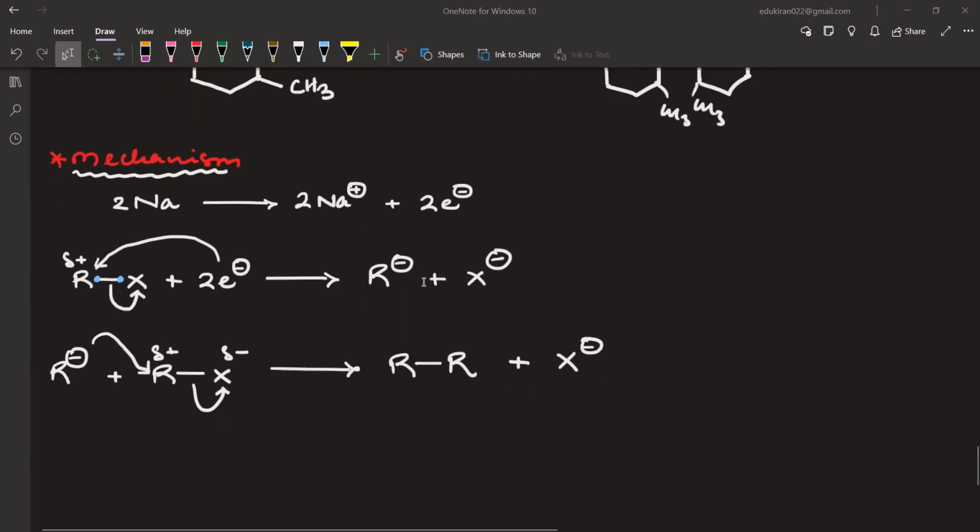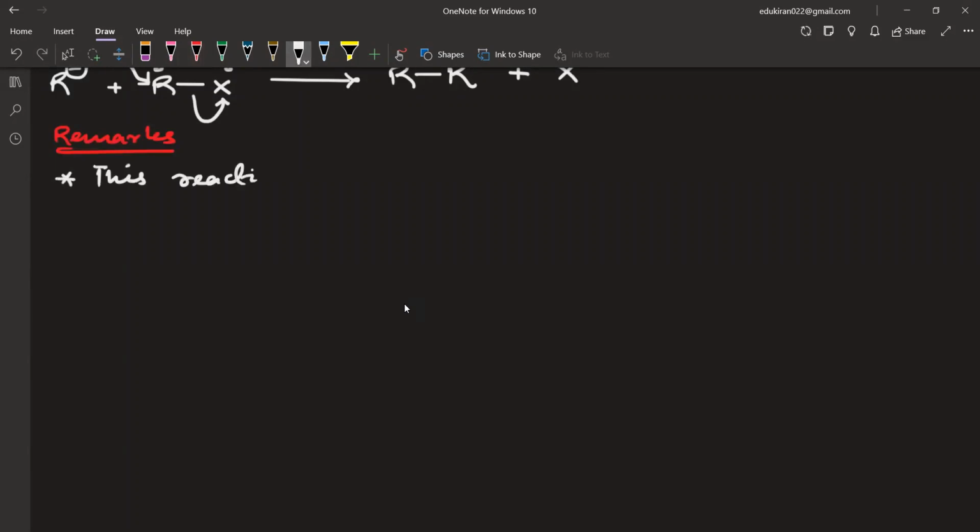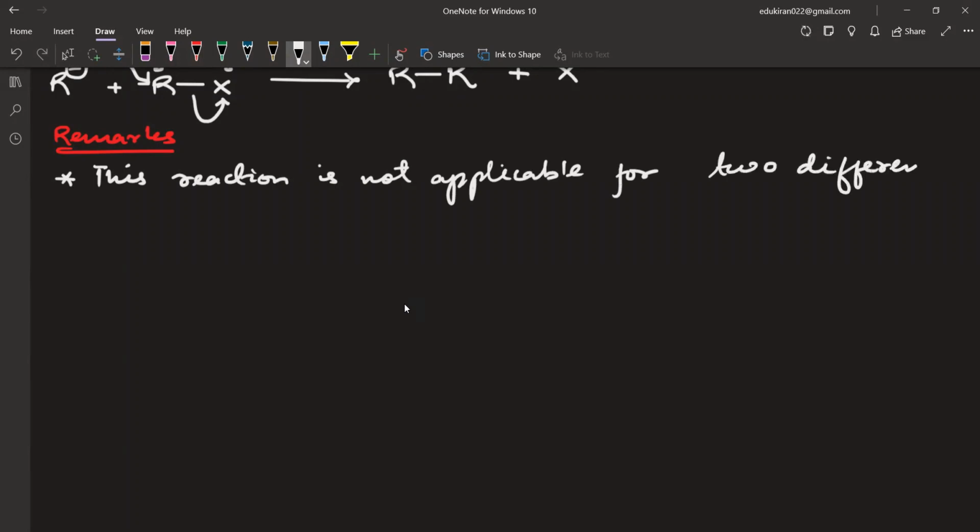Okay, since I hope you have written the reaction mechanism, now you'll write one thing. Write some remarks. First things first, this reaction is not applicable for two different haloalkanes.